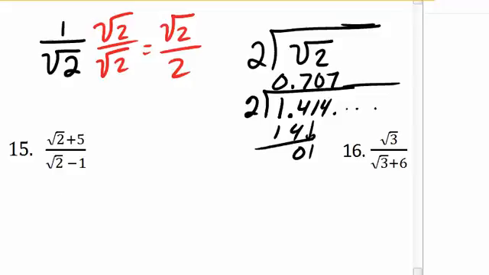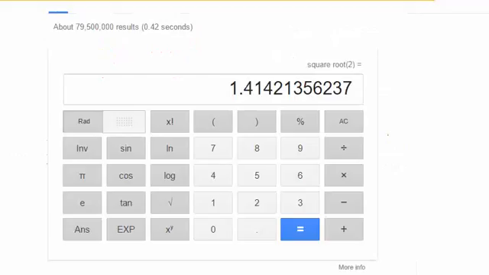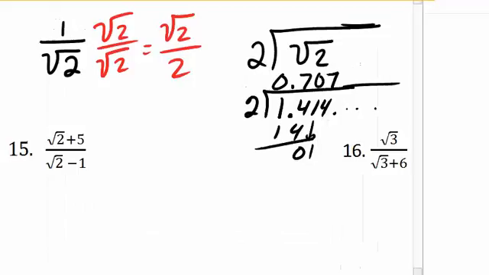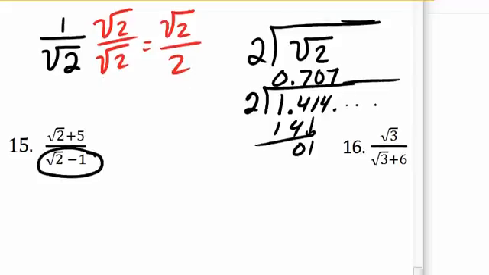The last thing we're going to talk about with dividing is this idea of a binomial in the denominator. If we look at it, it still has a square root. And again, like we talked about in the previous video, you cannot have one of those in there. So we're going to need to get rid of it.